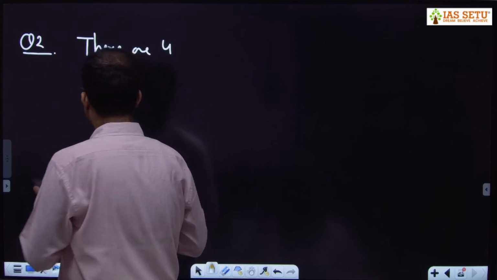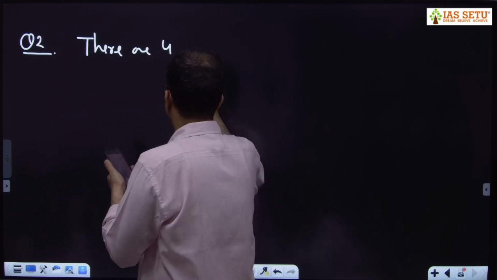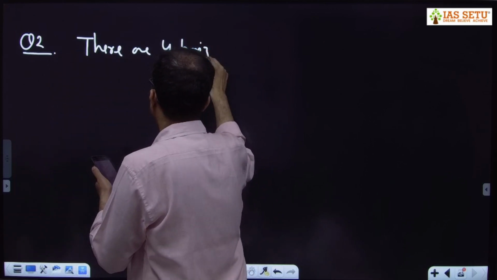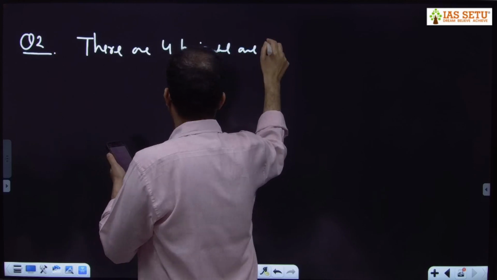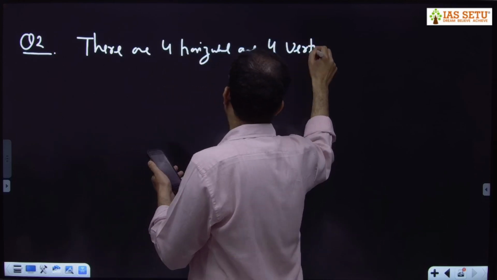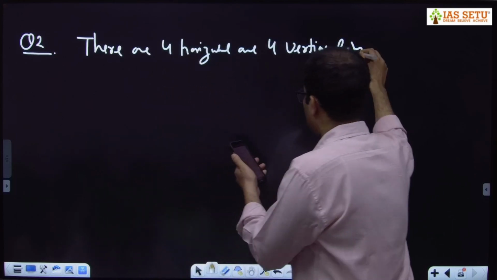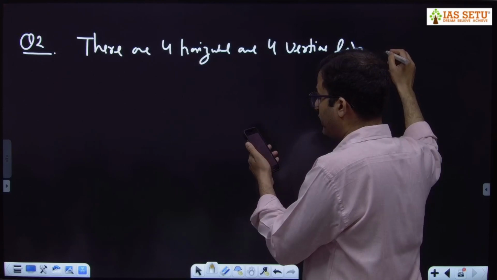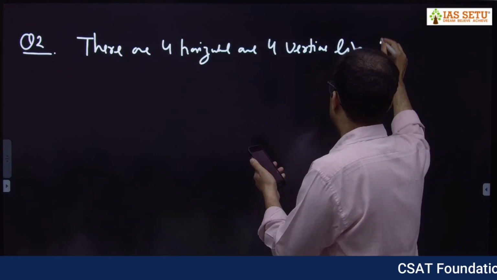There are 4 horizontal and 4 vertical lines, parallel and equidistant to one another on a board.